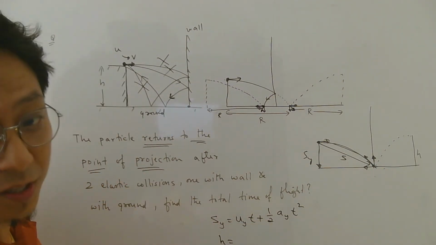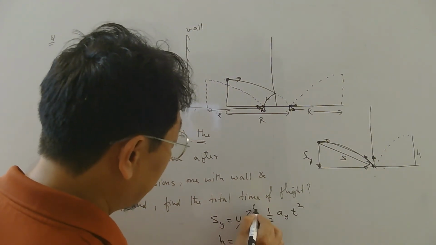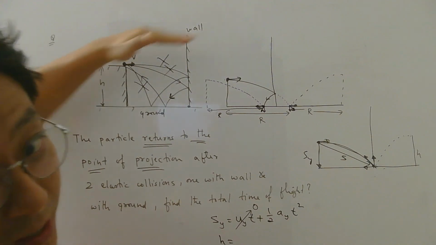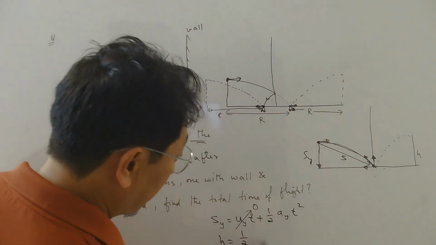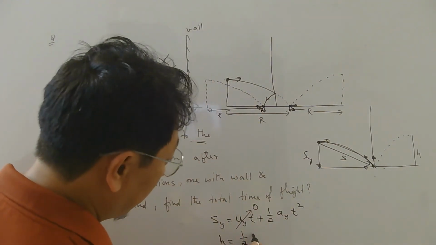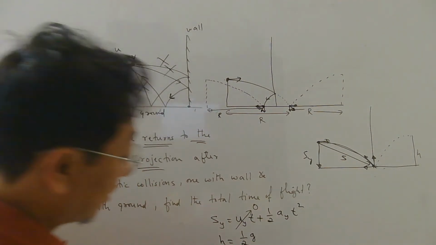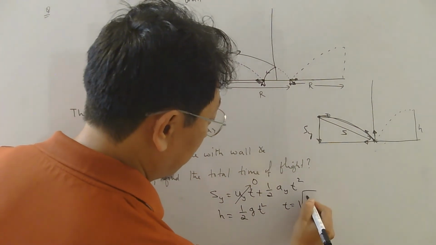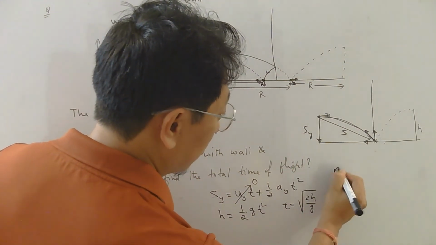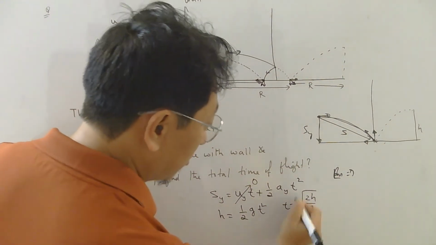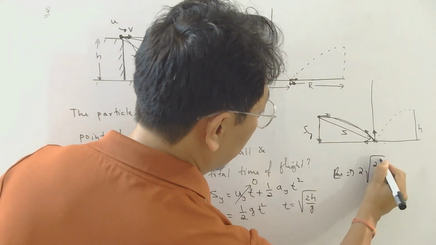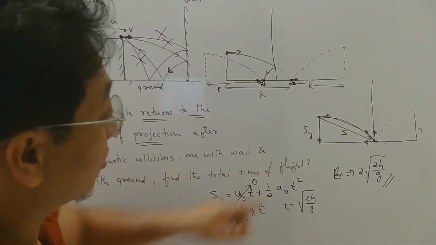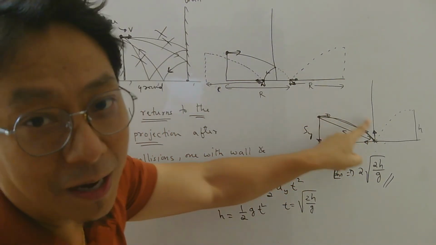So down we will take positive h. The y component of initial velocity is 0 because the initial velocity was completely along the x-axis, and the acceleration along the y-axis is due to gravity, down only, so h equals half g t square, right? So the time taken will be under root 2h by g. So the answer will be twice of this, 2 into square root of 2h by g, because this time taken will be the same as this time taken, isn't it?